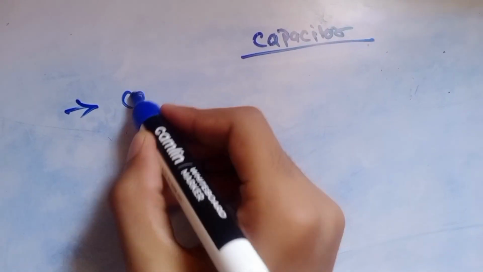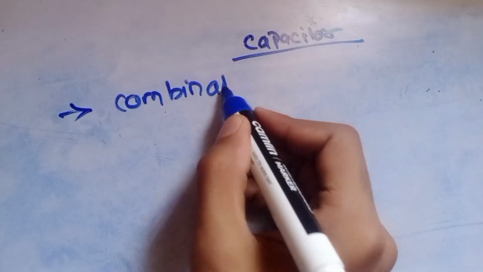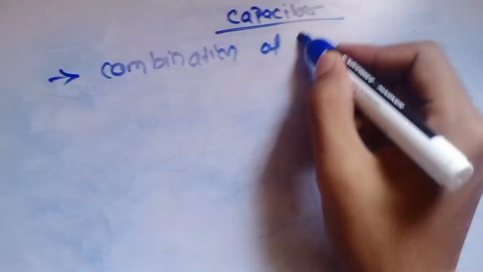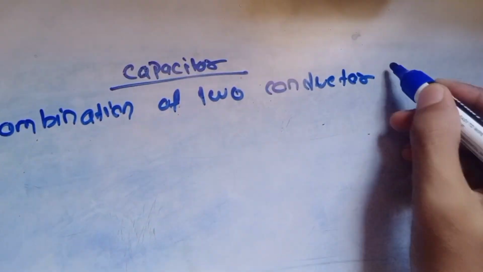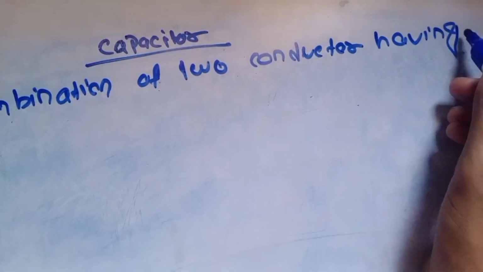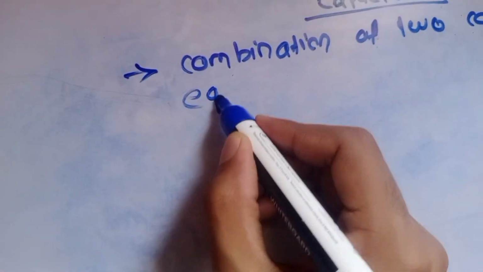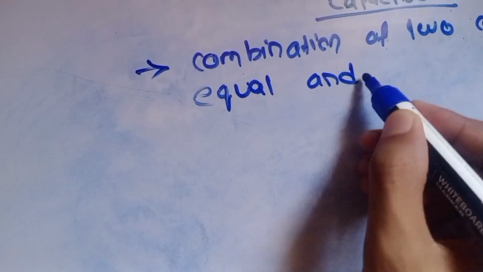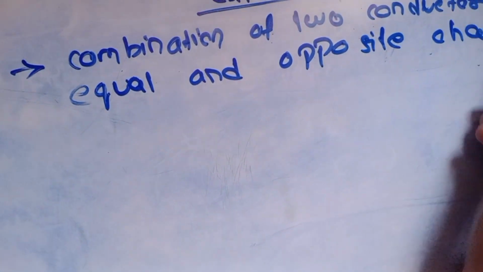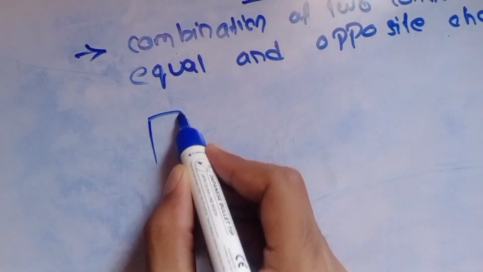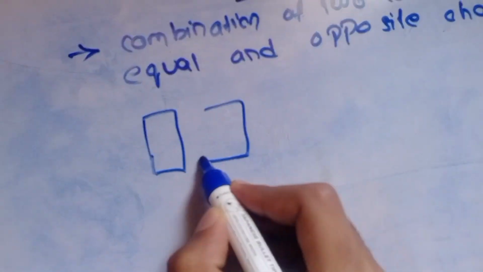Now the capacitor of two conductors: a combination of two conductors having equal and opposite charge. This is the picture of the capacitor.